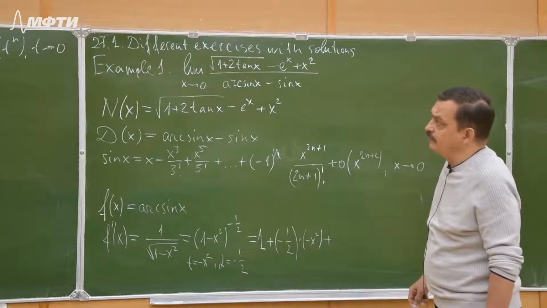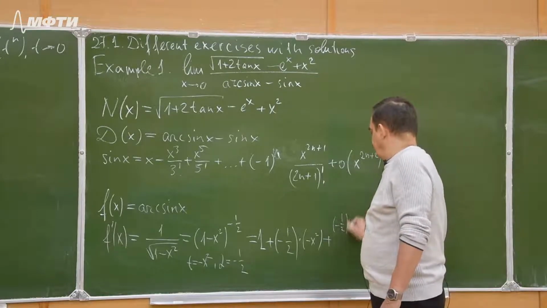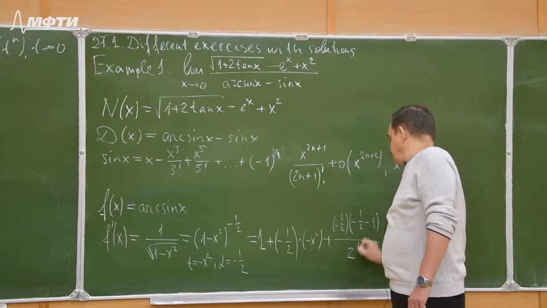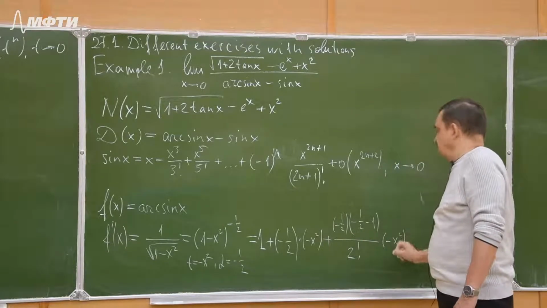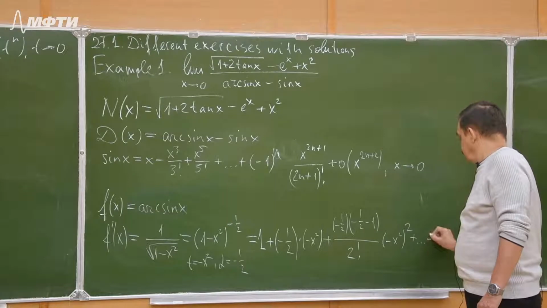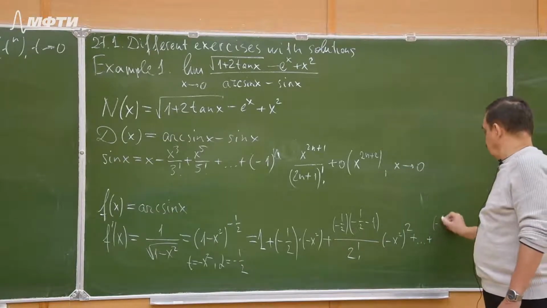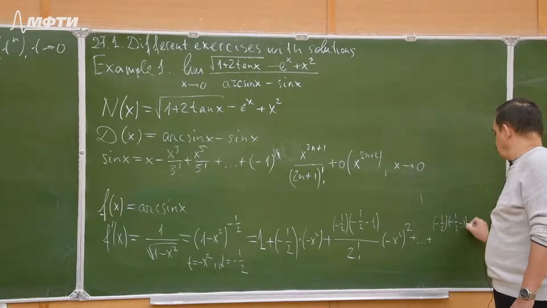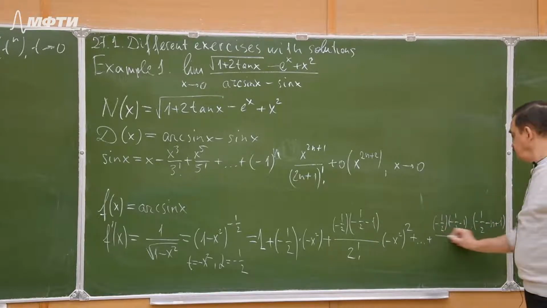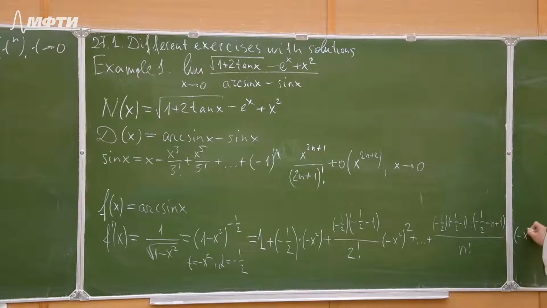Second term, minus 1/2 times minus 1/2 minus 1 over 2 factorial times minus x squared to the power 2, plus and so on, plus, I will write in general, minus 1/2 times minus 1/2 minus 1, and so on, up to minus 1/2 minus n plus 1, over n factorial times minus x squared to the power n, plus little o of, we had t to the power n, so I should write x to the power 2n.